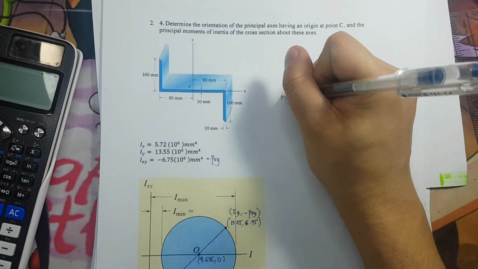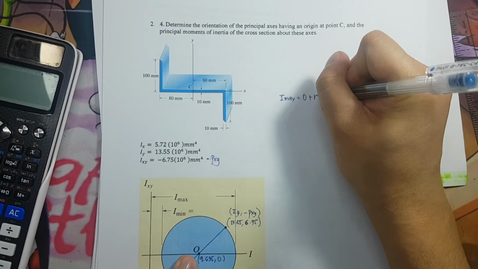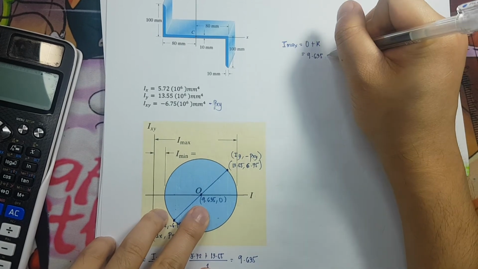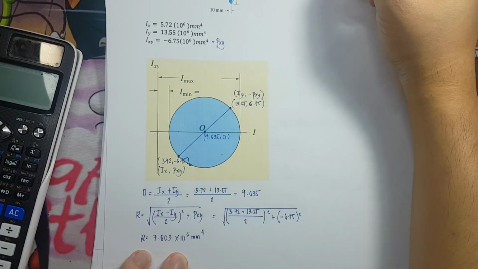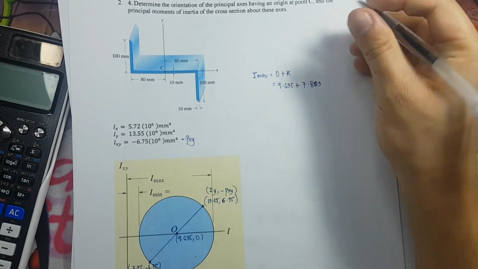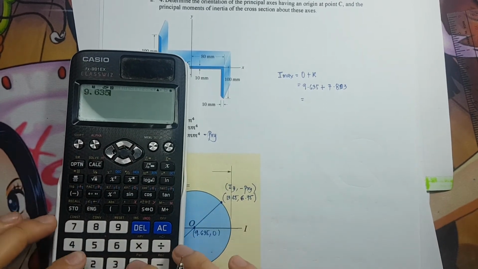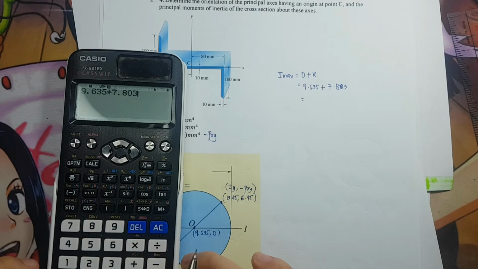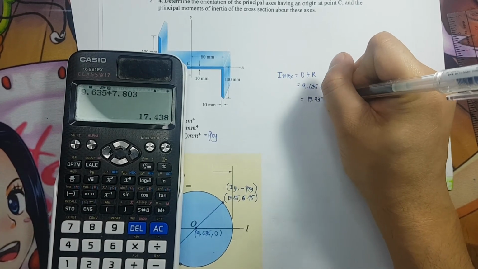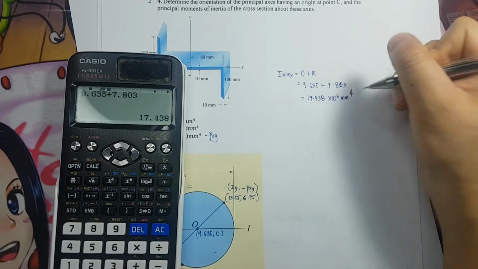Okay, so we can now solve for our Imax and Imin. So Imax is equivalent to O plus R. O is 9.635 plus 7.803. So Imax is 9.635 plus 7.803. We have 17.438 times 10 raised to the 6th power mm to the 4th.